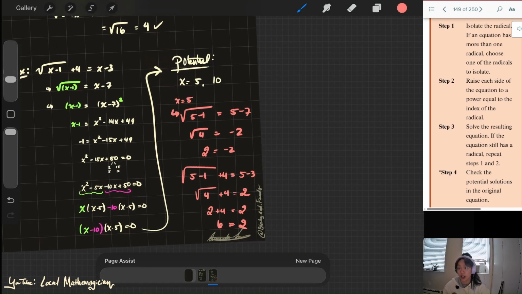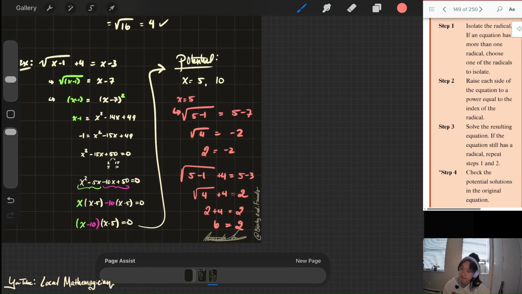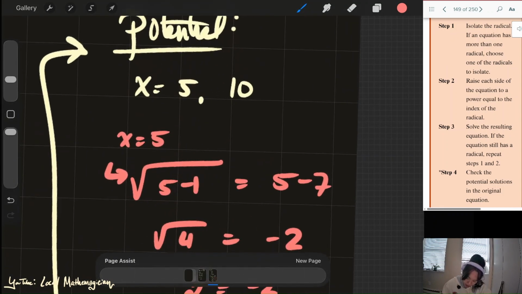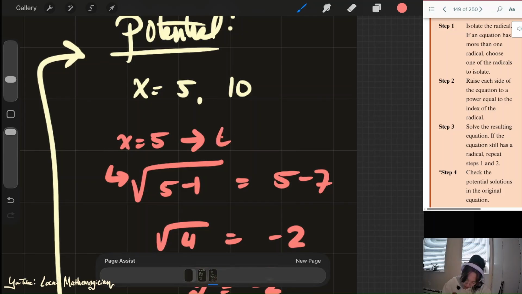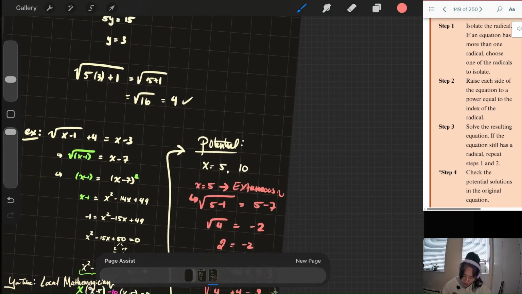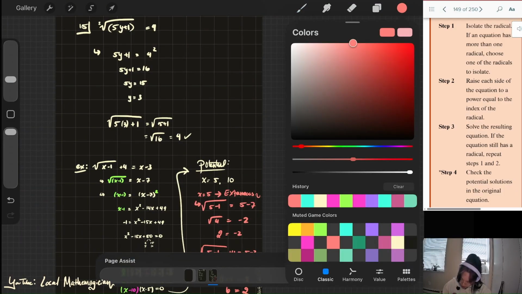That definitely ain't right. Any questions about that? So the solution is what they call extraneous. All right, now we have to check x equals 10.